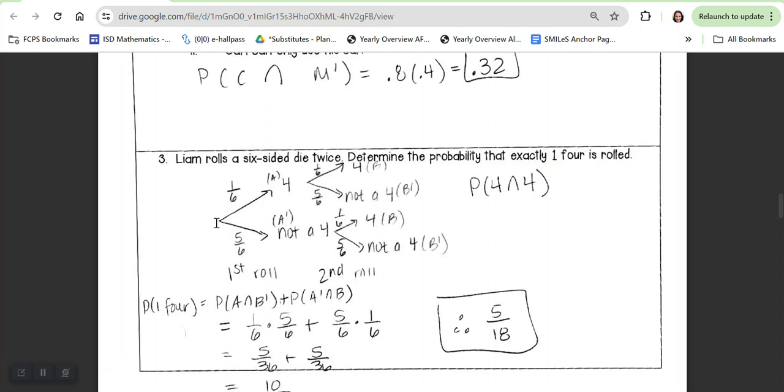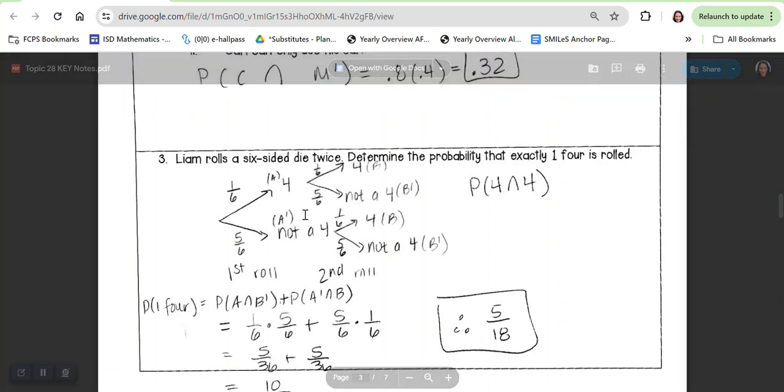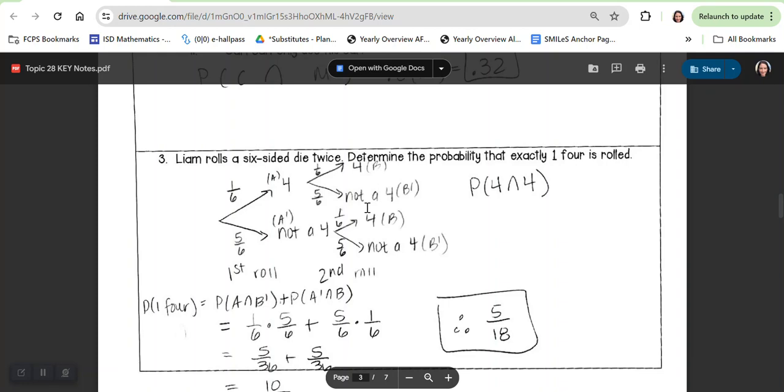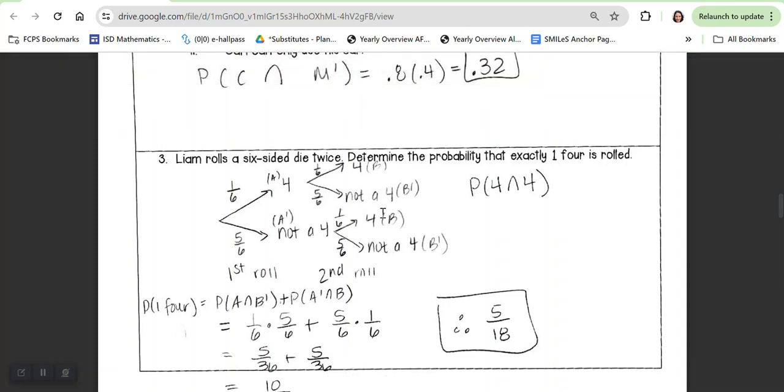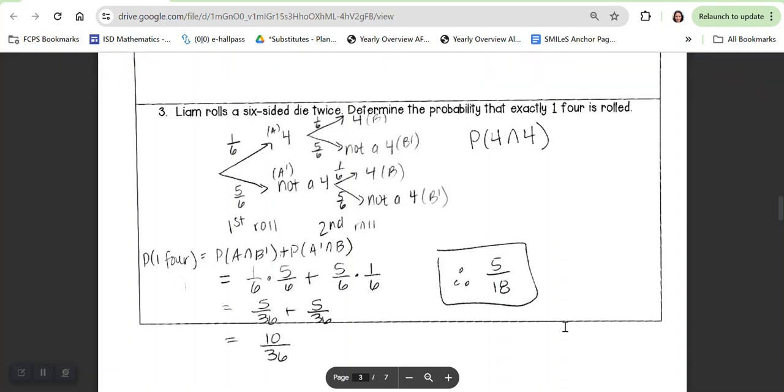So this is our first roll, and then after our first roll, we roll again. So exactly 1 4 could be 4 and not 4, or it could be not 4 and 4. So this one is 1/6 times 5/6, and this one is 5/6 times 1/6. Both of those give us 5/36, which add to 10/36 and simplify to 5/18.